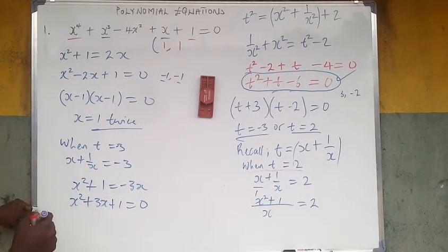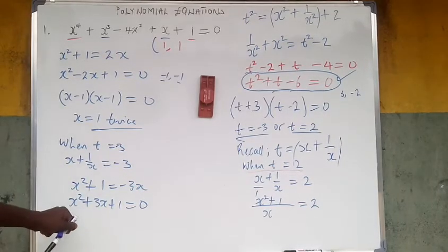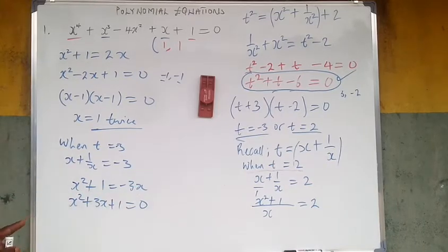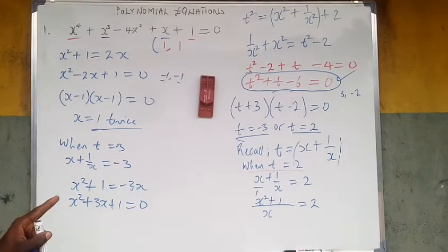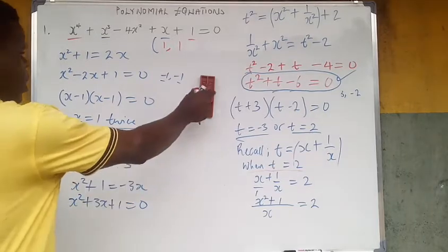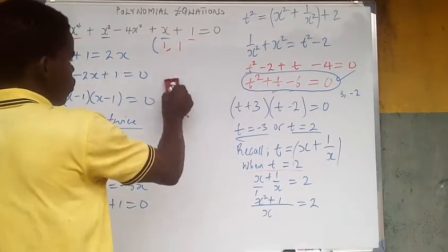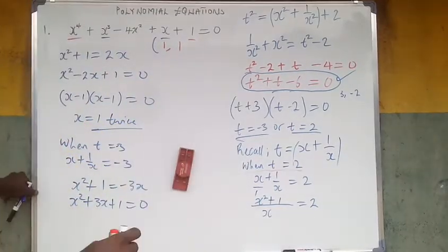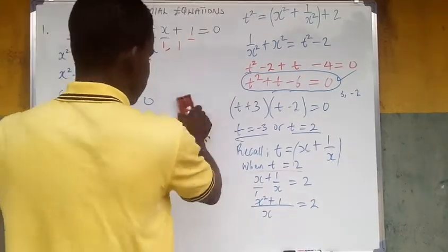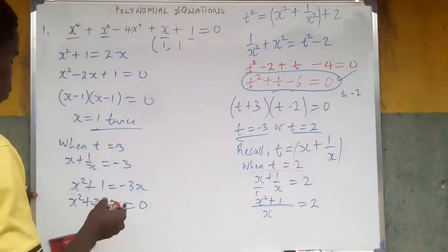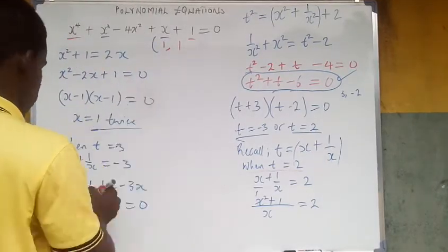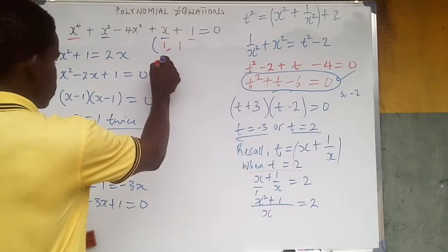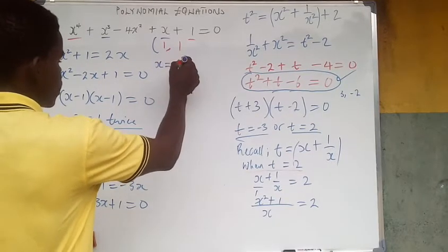Seeking two factors. Okay, looking at this equation, the factorization method won't work here. So we're going to make use of the almighty formula method, the quadratic formula method. You can see it's already too much, but very simple. So making use of the quadratic formula, x is equal to negative b.